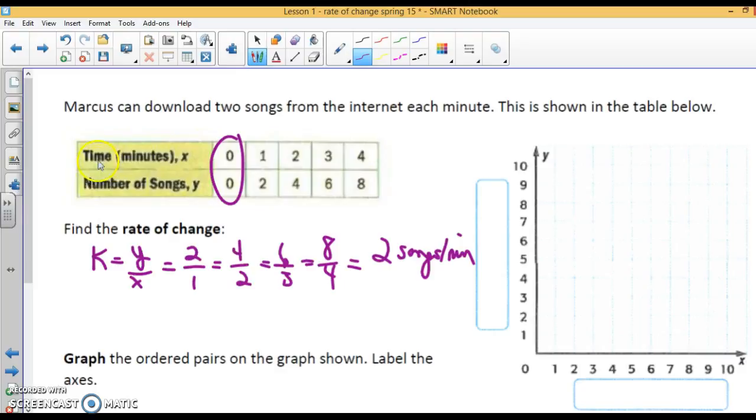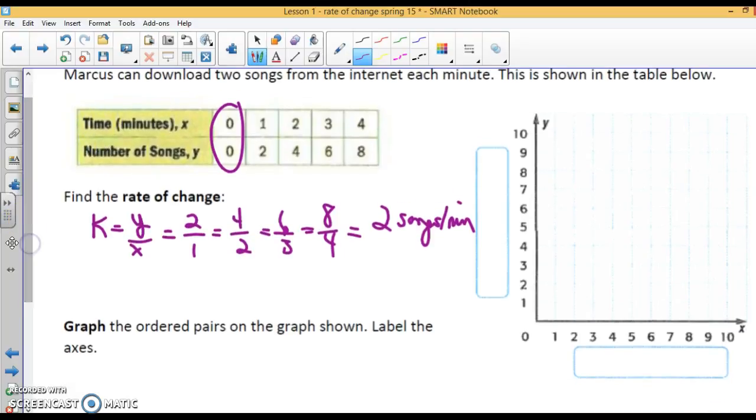Now, if I want to graph this, our x-axis is our time in minutes. Our y-axis is our number of songs. Let's graph. It goes through 0, 0, then 1, 2, 2, 4, 3, 6, 4, 8.